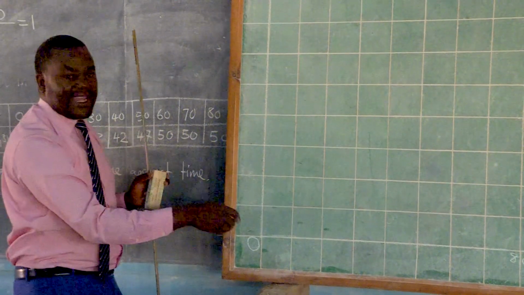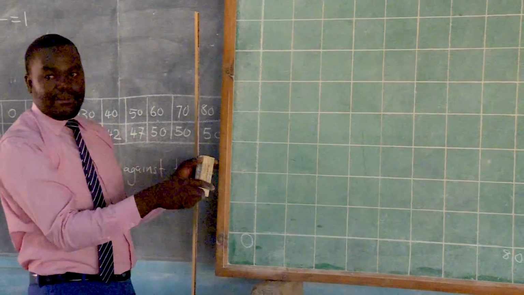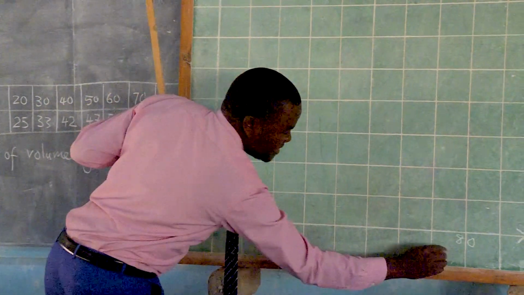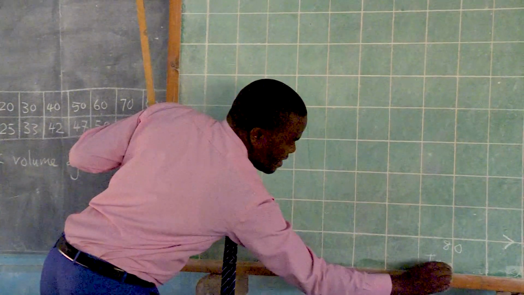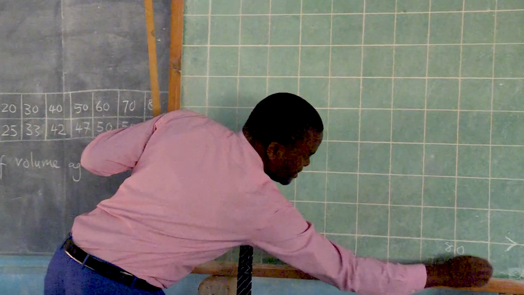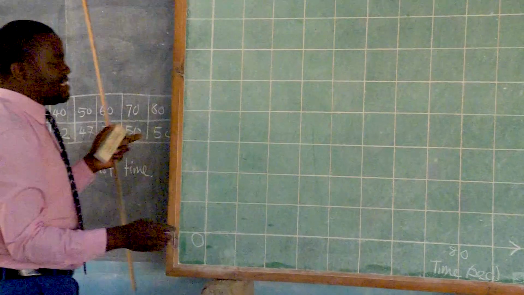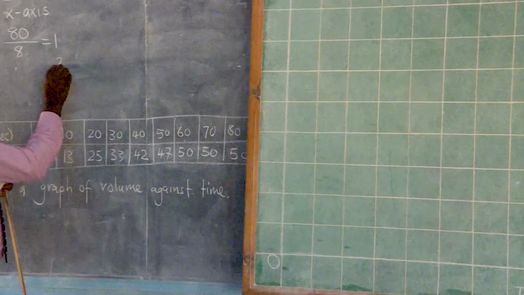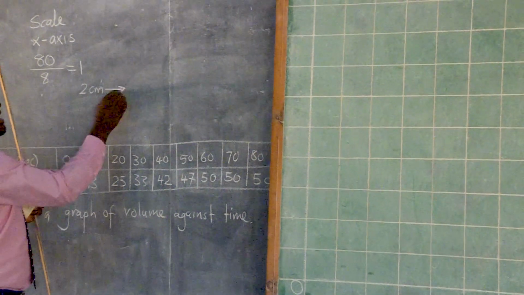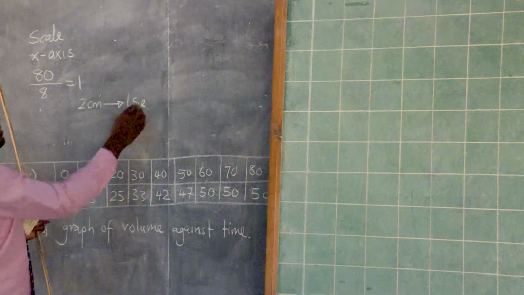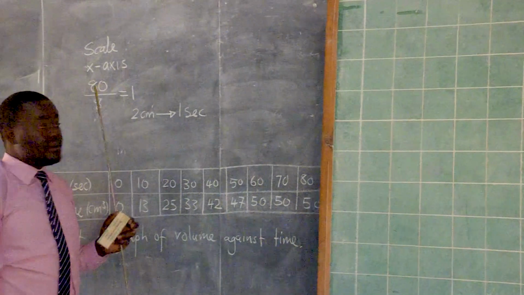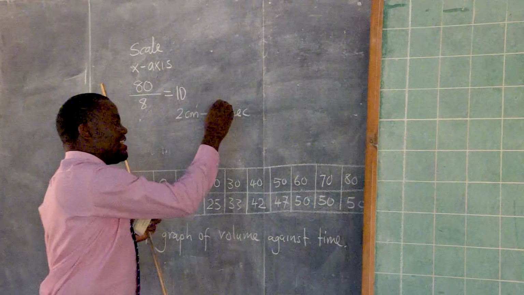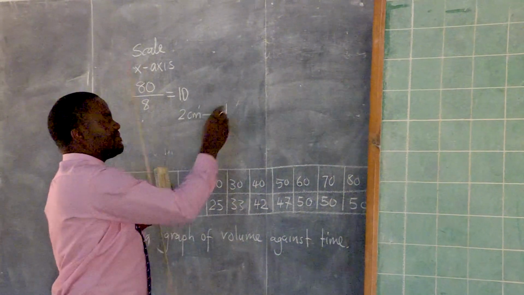Now, along the x-axis, we said we label the axis. So along the x-axis here, what we are finding is time, and this time is in seconds. So it means that along the x-axis, 2 centimeters represents 10 seconds.